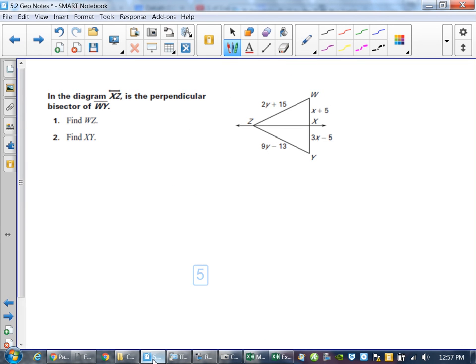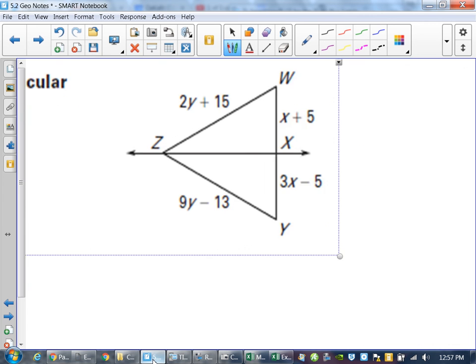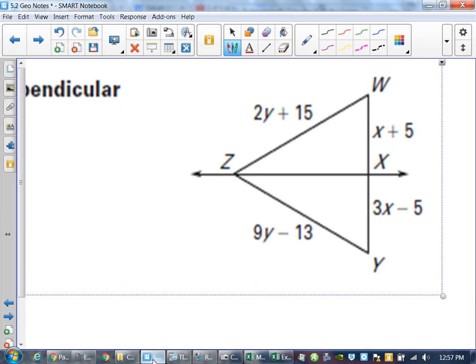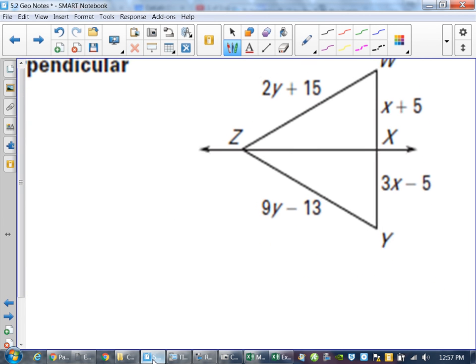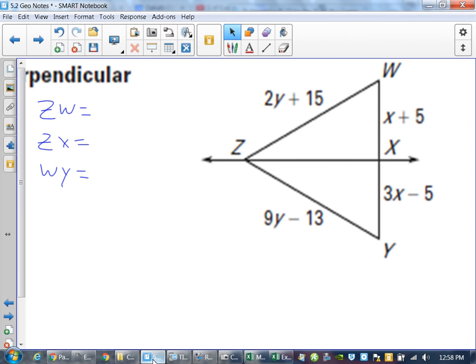Let's try another one. ZX is the perpendicular bisector. I'd like you to find the following. Take a couple of minutes and figure it out.